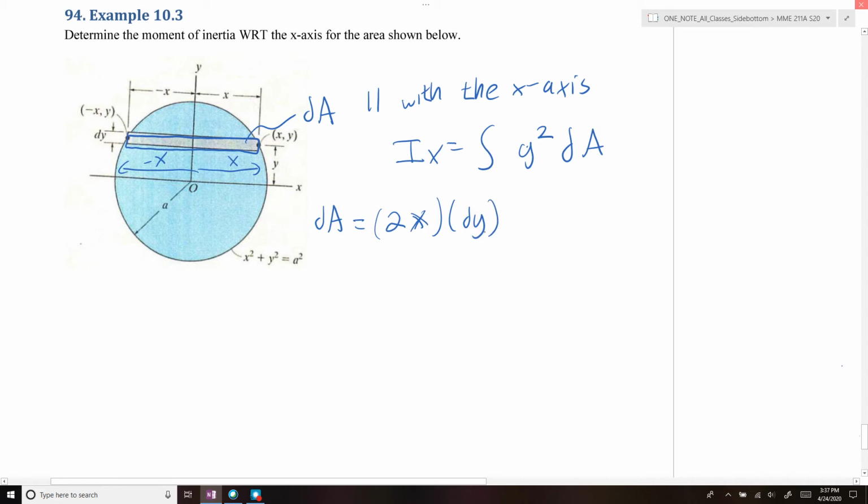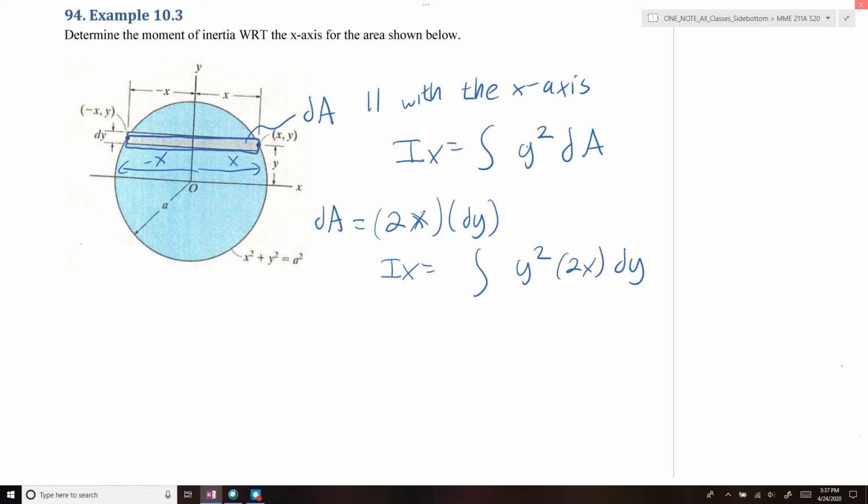If we plug all of this in, we get I of x equal to the integral of y squared times 2x times dy. We have to relate x to y.